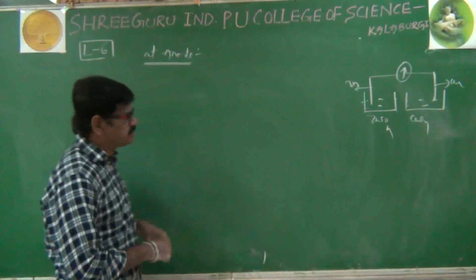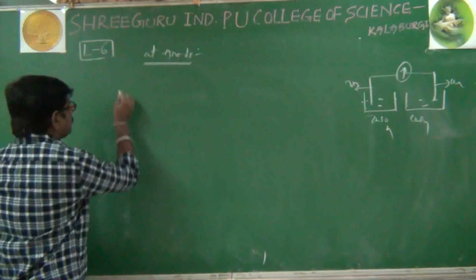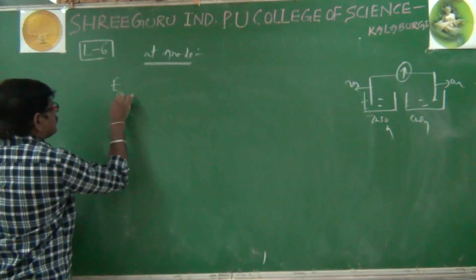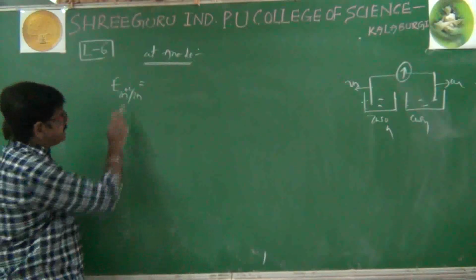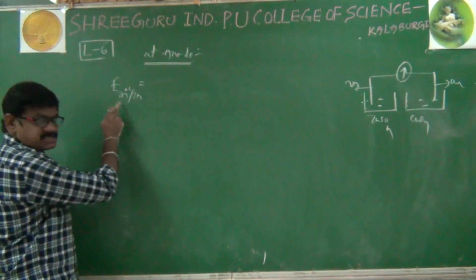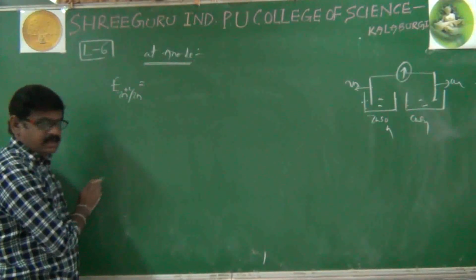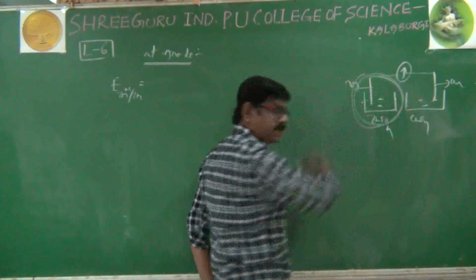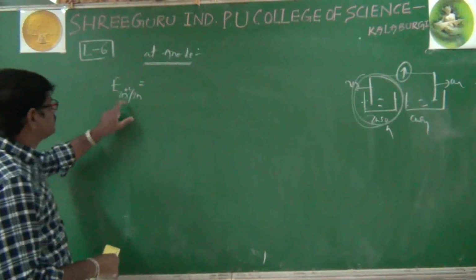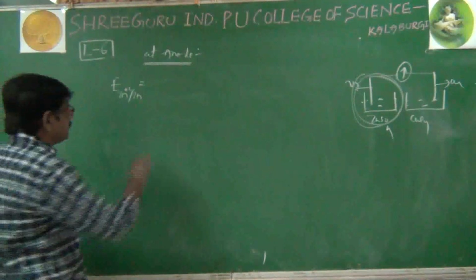At the anode, E Zn2+/Zn equals. Here which symbol have I taken? Reduction symbol only I have taken. Even though at the anode oxidation is taking place, we have used the reduction symbol only.